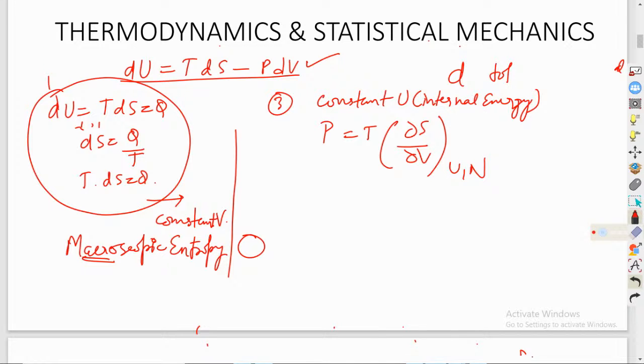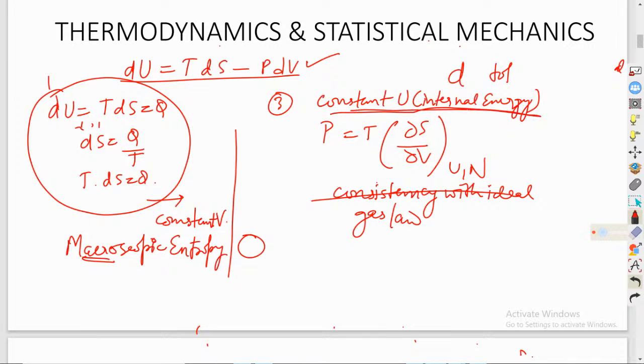So this equation is very consistent with the ideal gas law. Here the internal energy U is constant, and the equation to obtain is this.